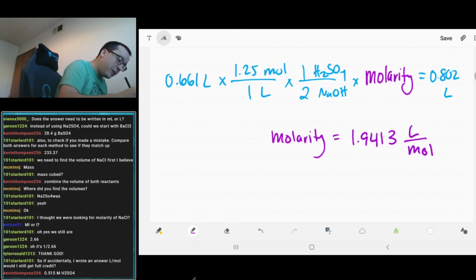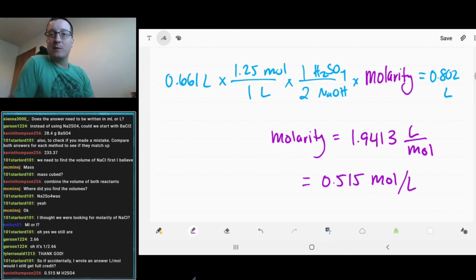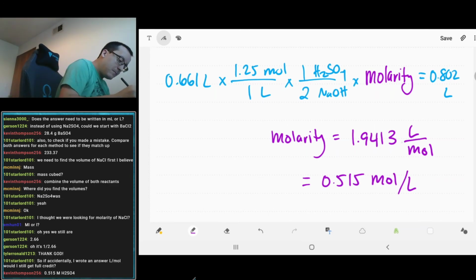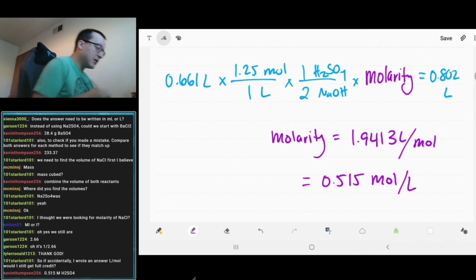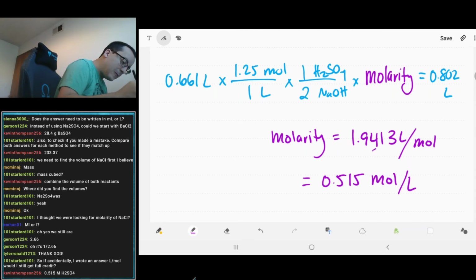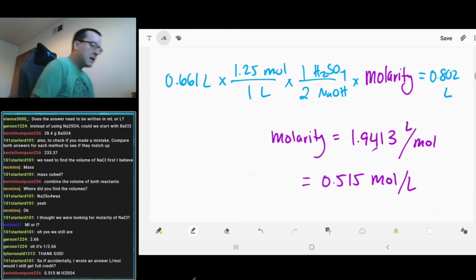And so if we invert that, that means it's that many moles per liter. Okay, just flipping it over. So let me just write that out. That's how many liters per mole. I keep putting that liters super close. That many liters per mole.